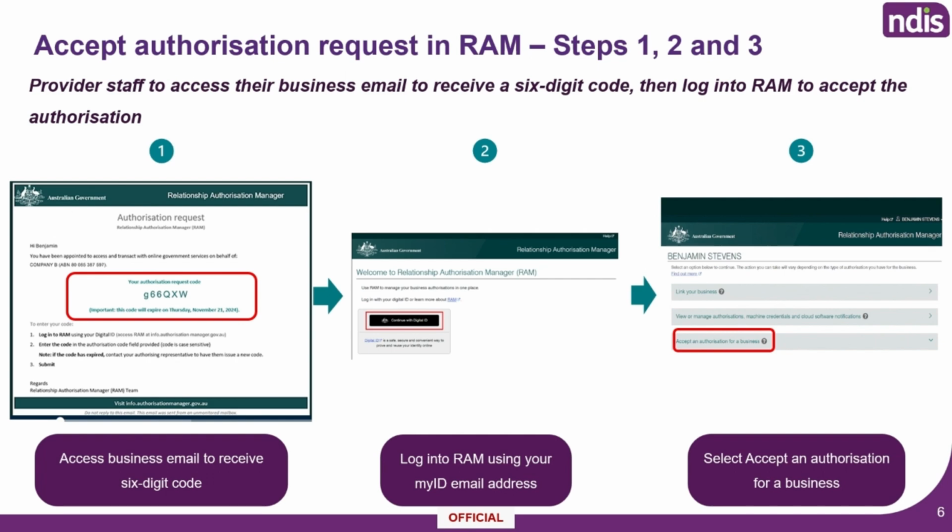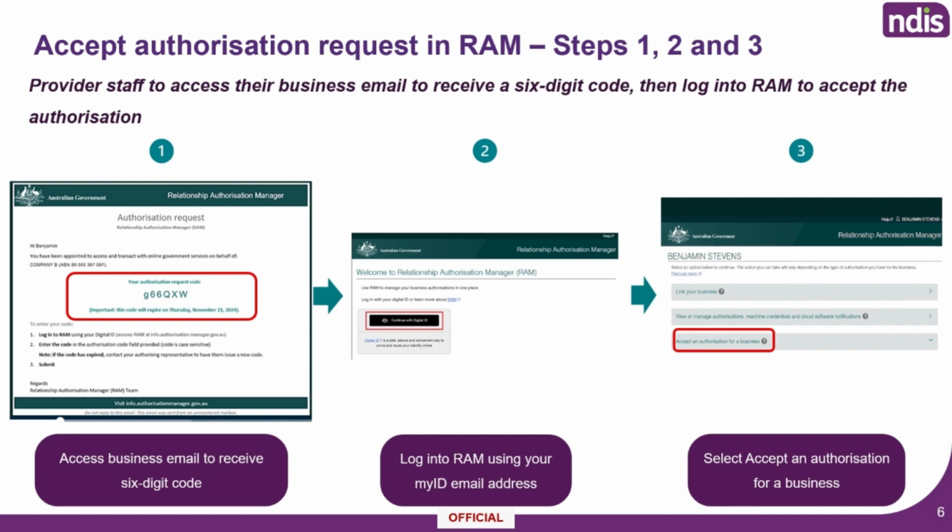Within this email is a 6-digit authorization request code that is valid for 7 days, as shown in image 1. If the code expires before the provider staff accepts the authorization, a new code can be issued by the principal authority or authorization administrator.